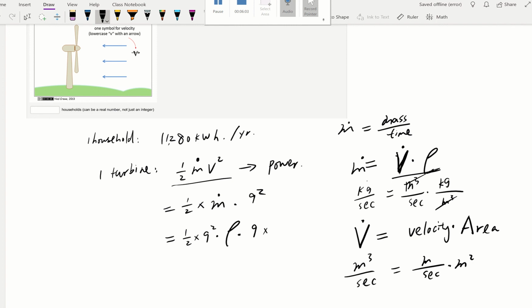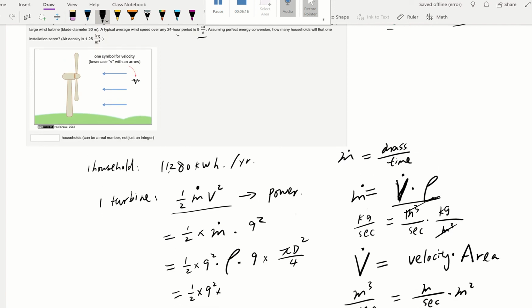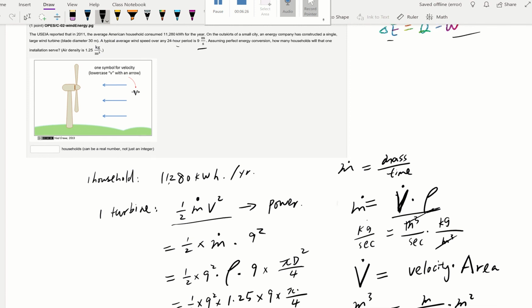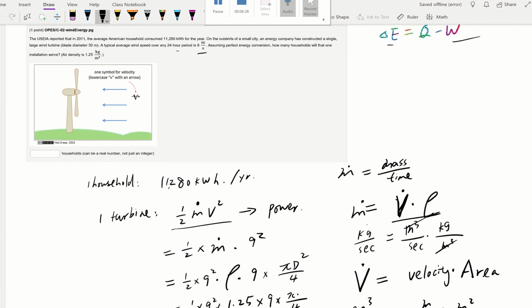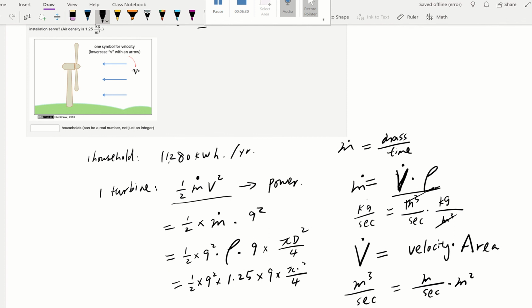They give us the diameter, so we can use pi d squared over 4, where d is our diameter. Okay, half 9 squared. Our density of this air is 1.25 kilograms per meter cubed. Then times 9 again. Then times pi d squared, where our diameter is 30, so 30 squared.